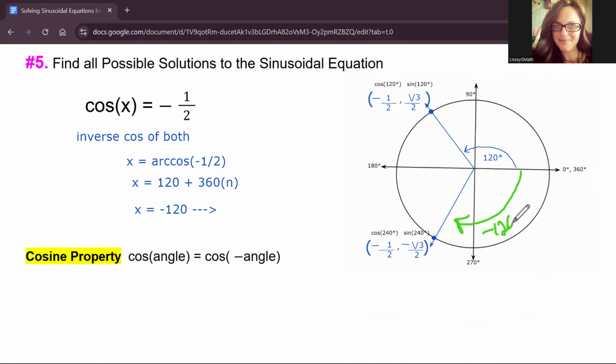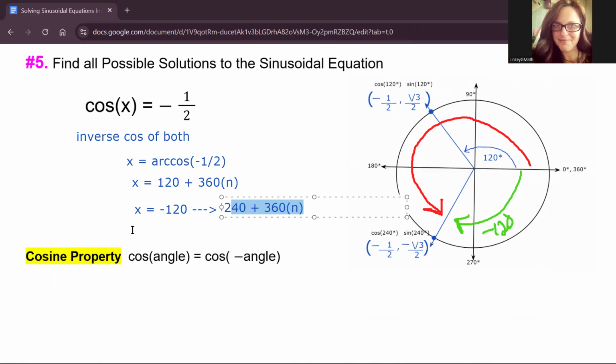So 360 minus 120 will give us the positive angle 240 degrees. And then we'll do plus any number of revolutions around the circle. And we get our last solution set, 240 plus 360n.